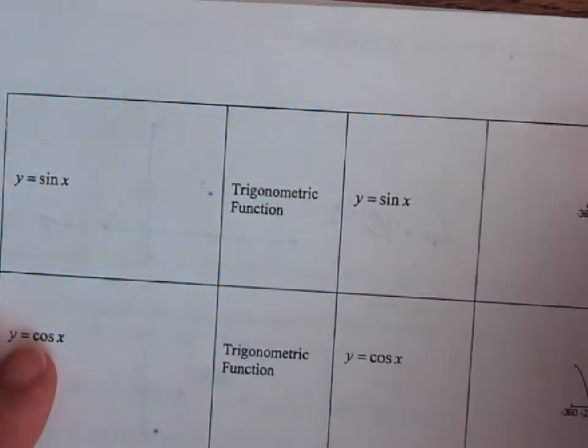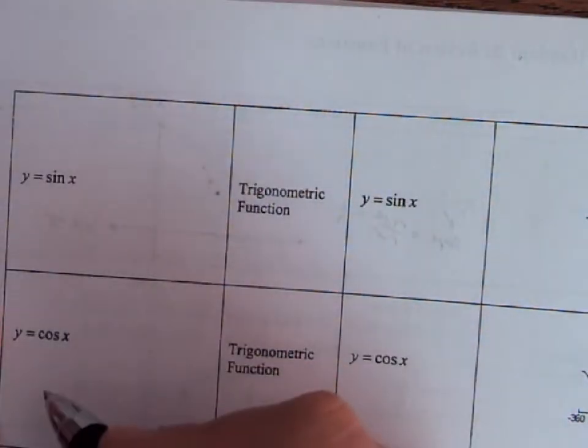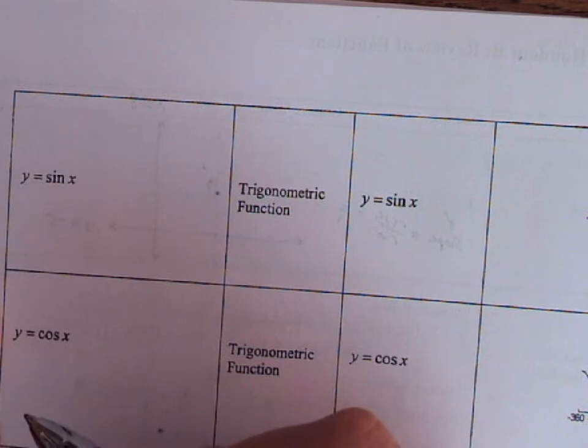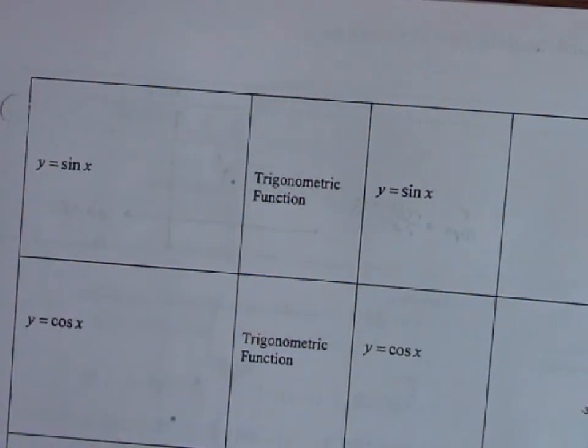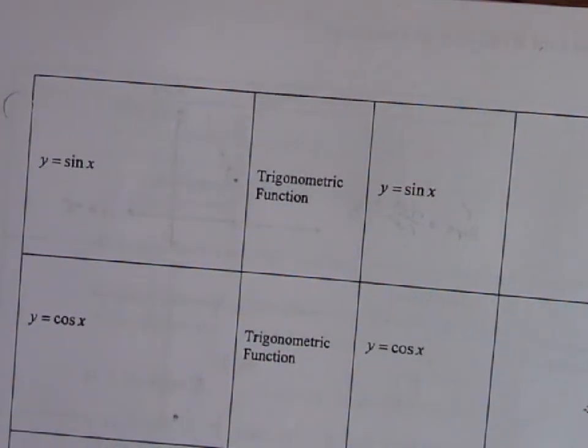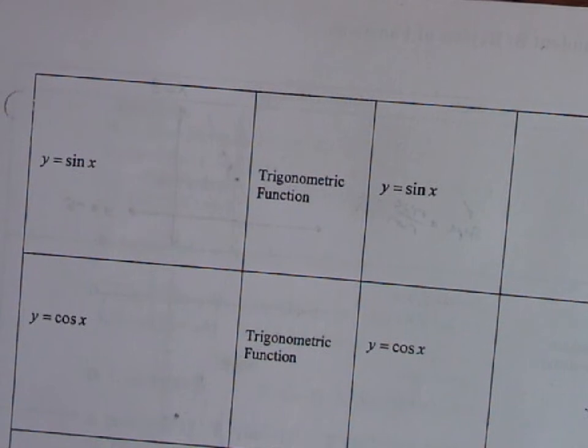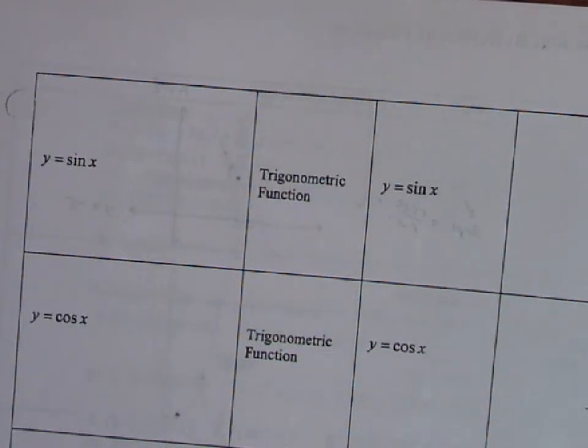Now let's look at the next page. Trigonometric functions. So y equals sine x, y equals cos x. For now, I just want you to know simple ones. So you don't need to know for now the phase shift or change in period.